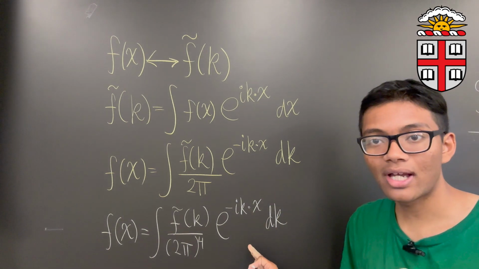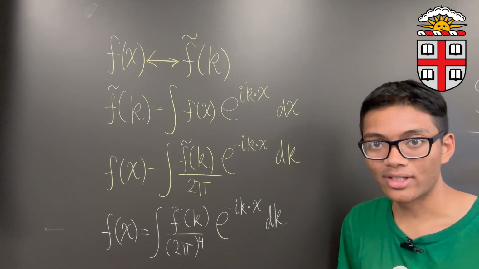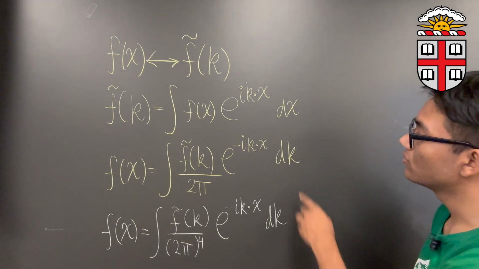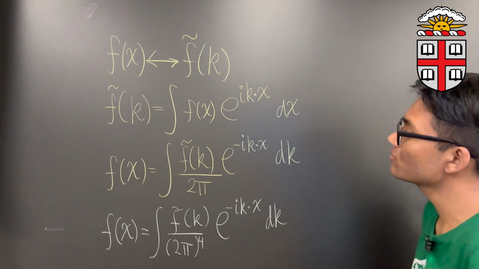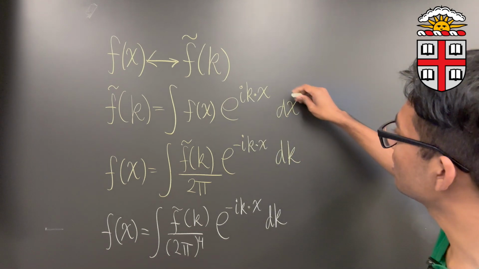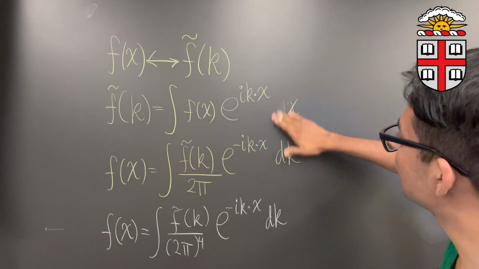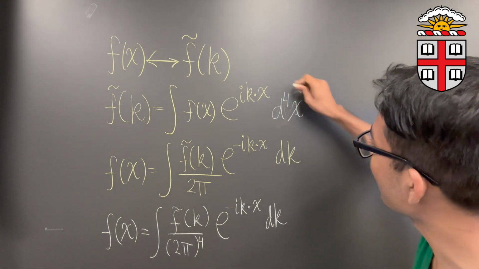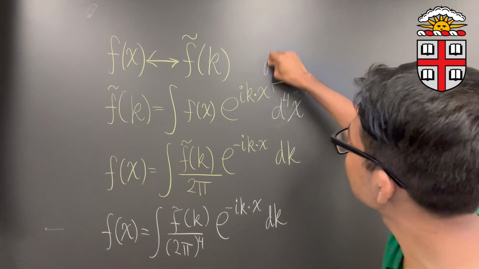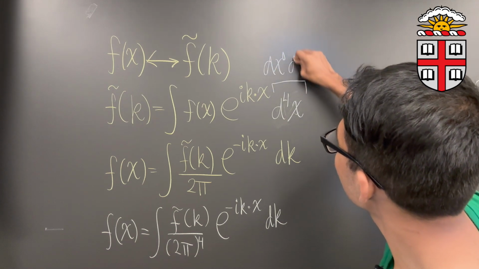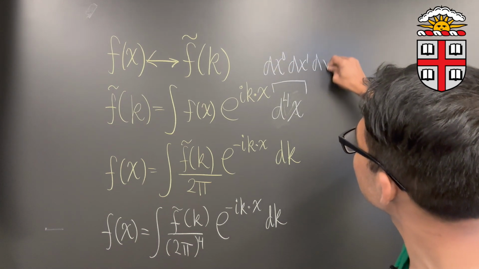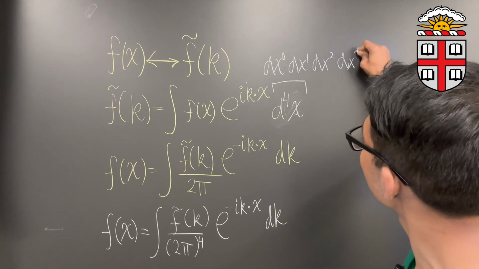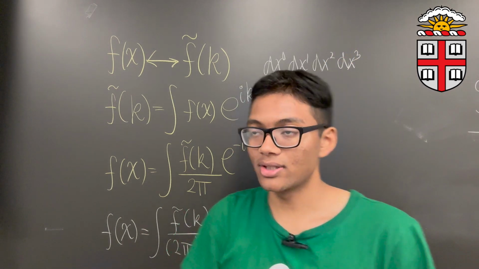All right, so that's all you have for a 4D Fourier transform. And what about the transform in the other direction? Well, that's also pretty similar. In fact, everything is the exact same. Instead of writing dx, I would write d to the 4x, where d to the 4x is simply dx to the 0, dx to the 1, dx to the 2, dx to the 3. Right? That's all there is to it.